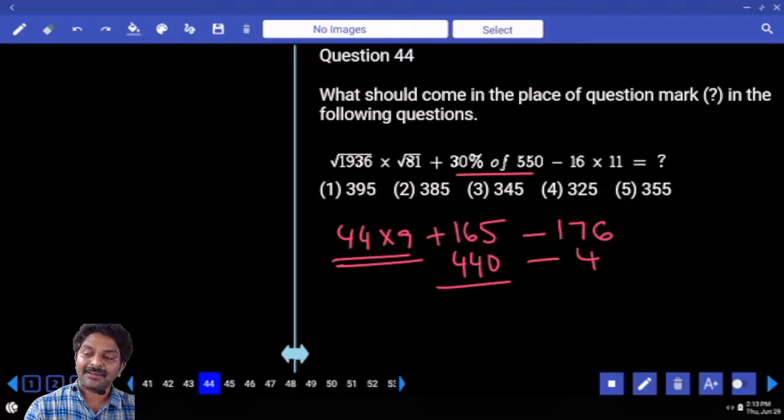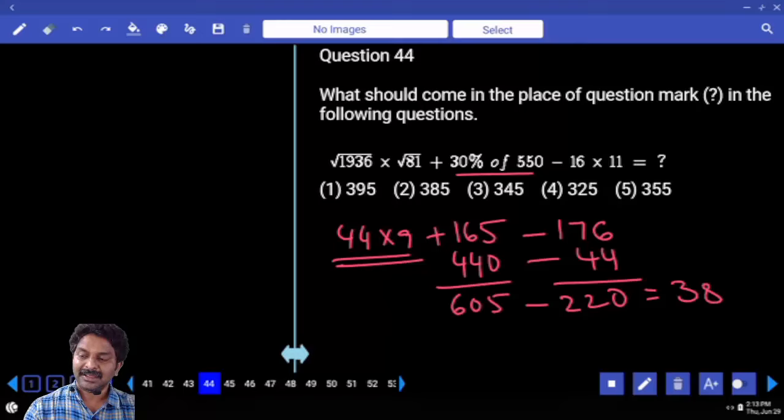That 44 I will add here. How much is this? 605 minus 220. Answer 385. Understood?